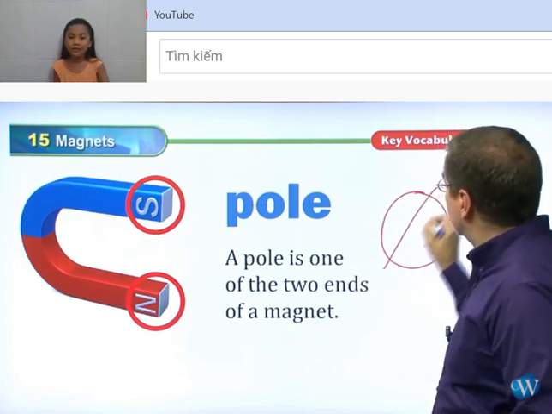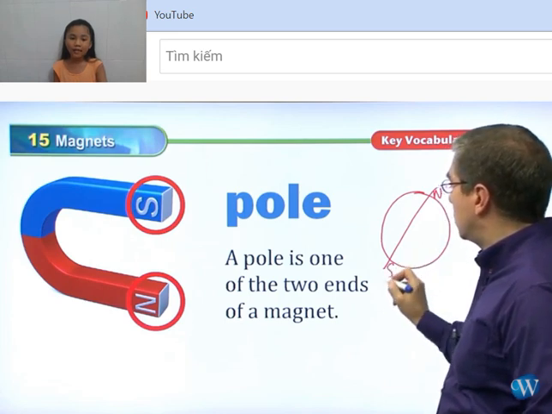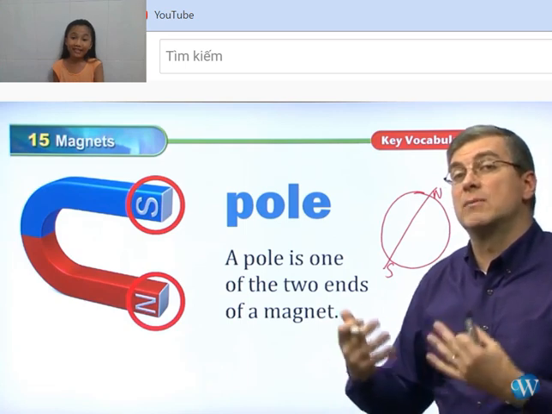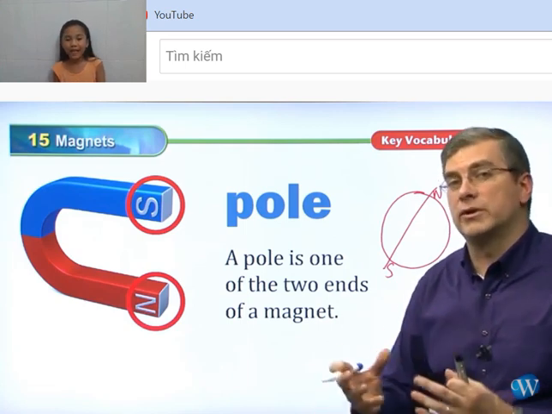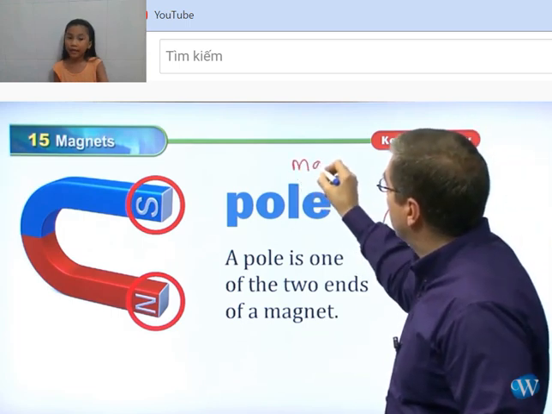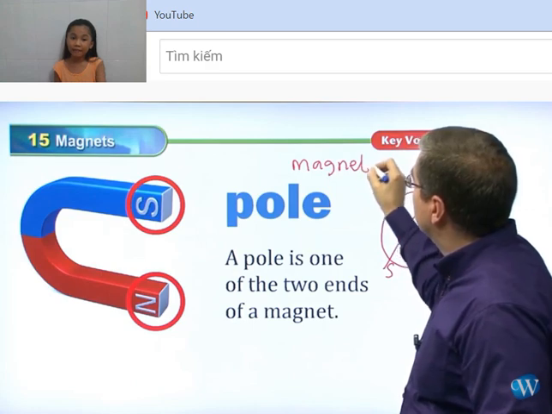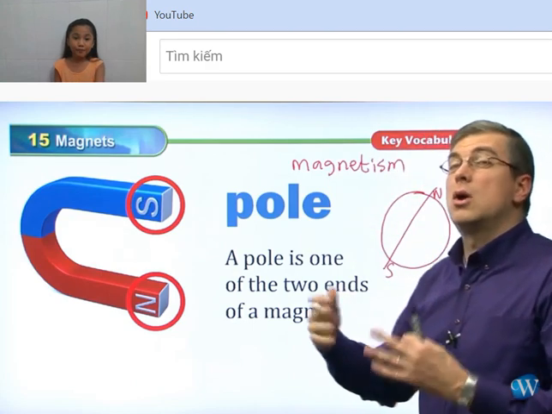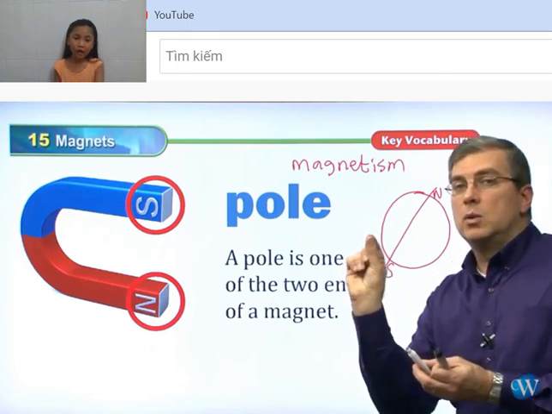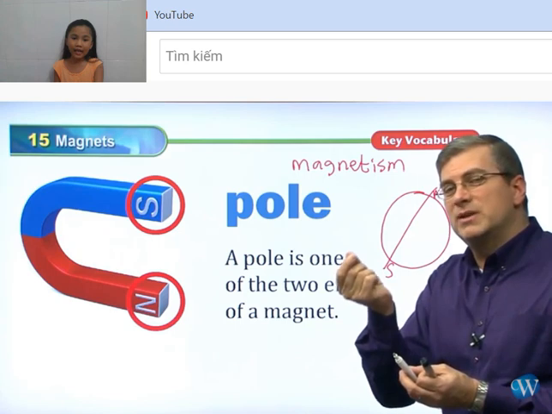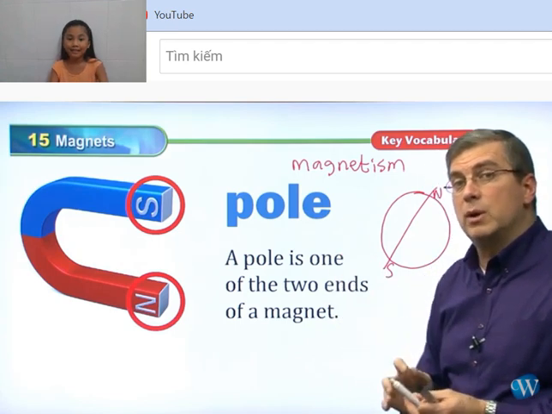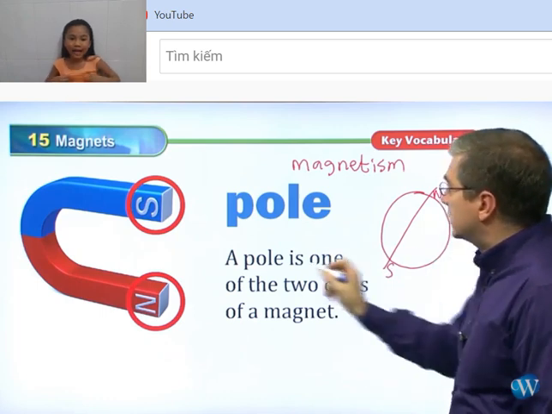When these two ends are put together, if they are not the same, they are different, they will attract. But if they are the same, then what will happen? They don't do anything, they just repel each other. And this force is magnetism.